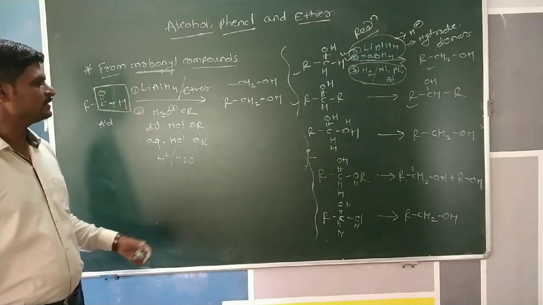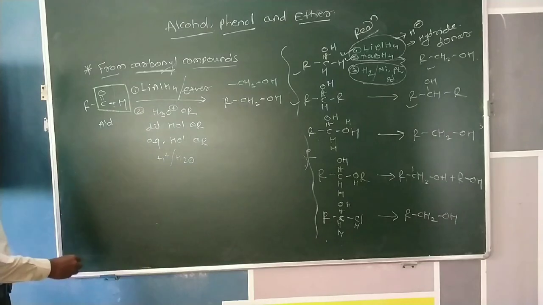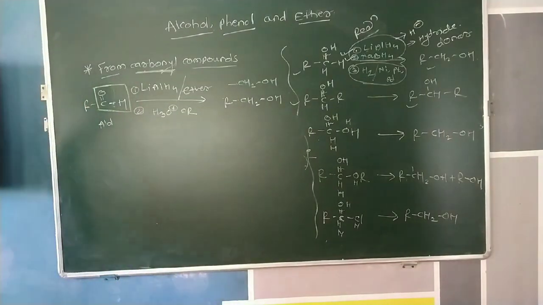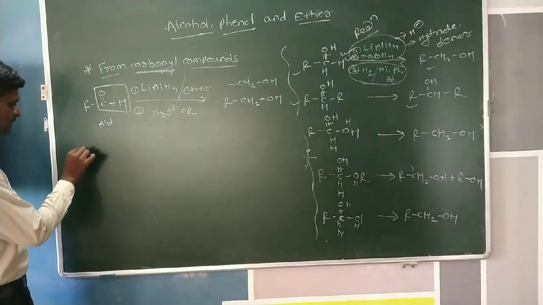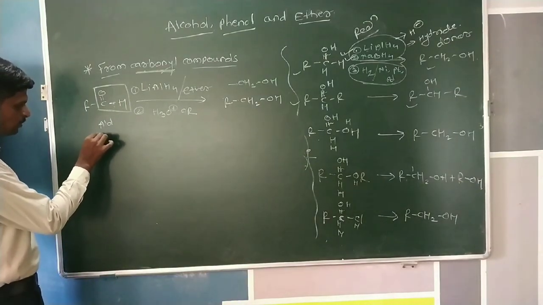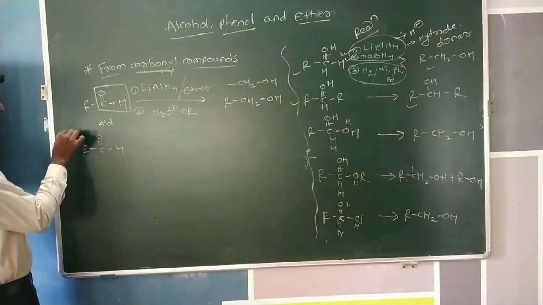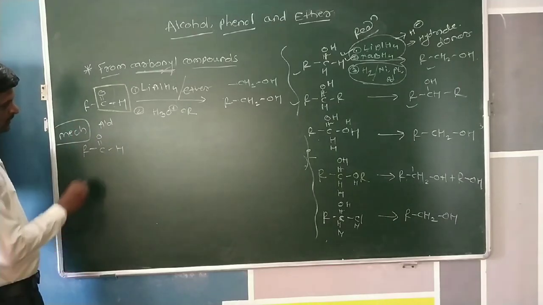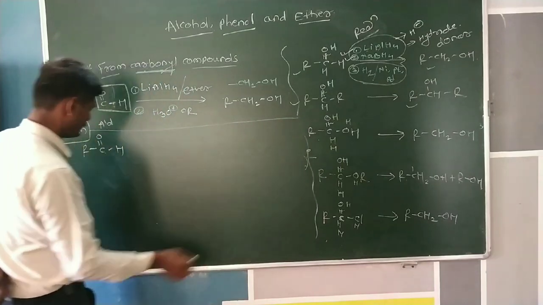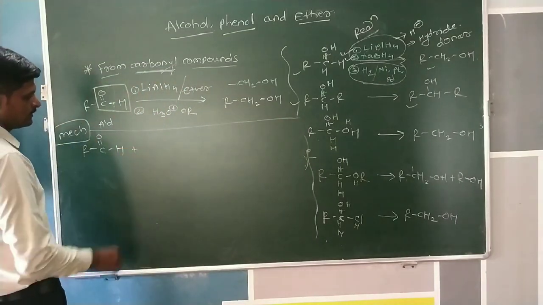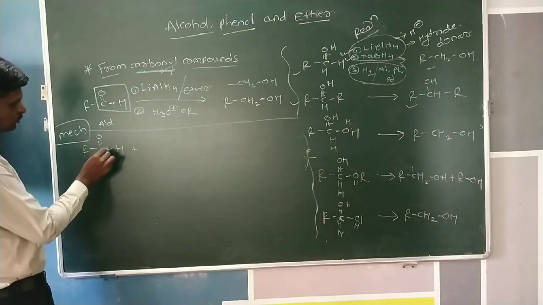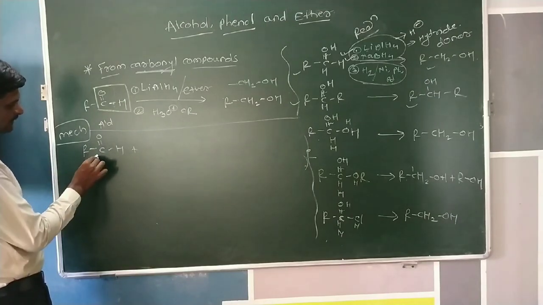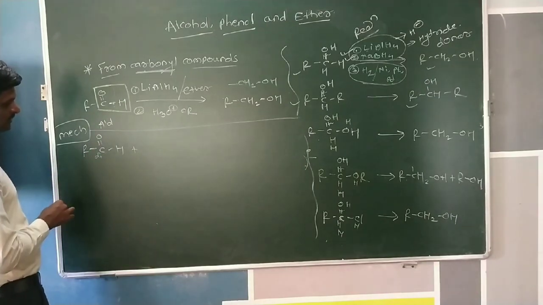Okay. The mechanism of this reaction is, RC double bond O, H. This is the mechanism. The nature of the carbonyl group in case of aldehyde, this carbonyl group is an electron deficient species.